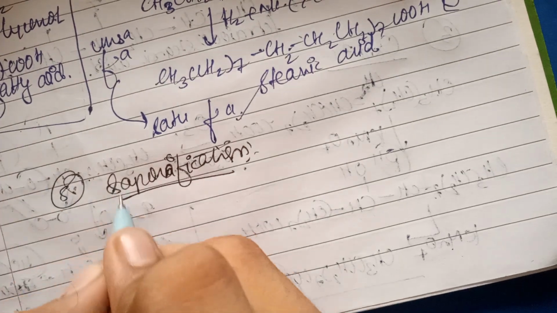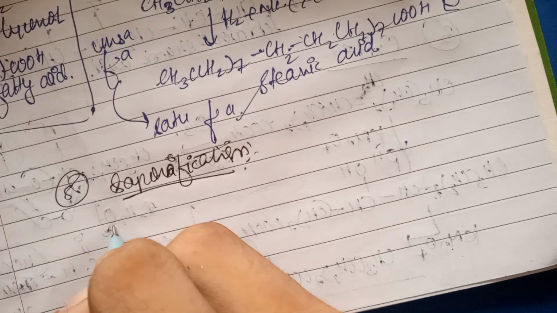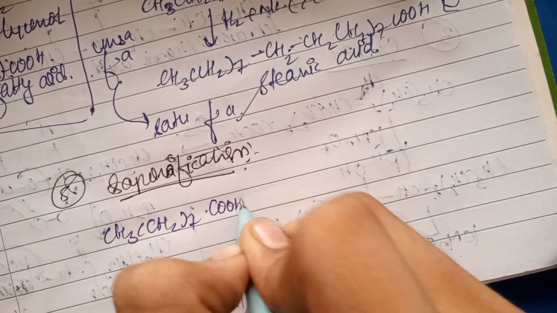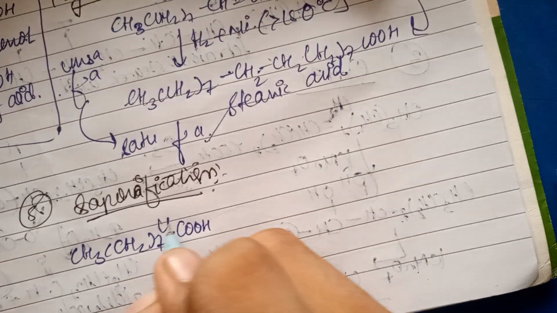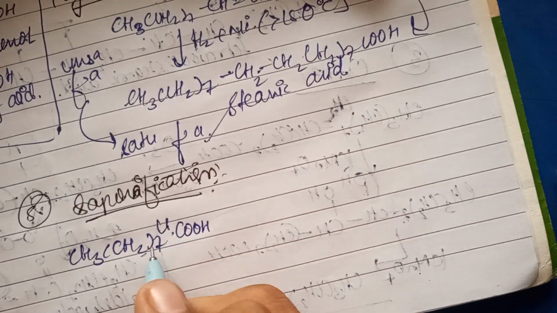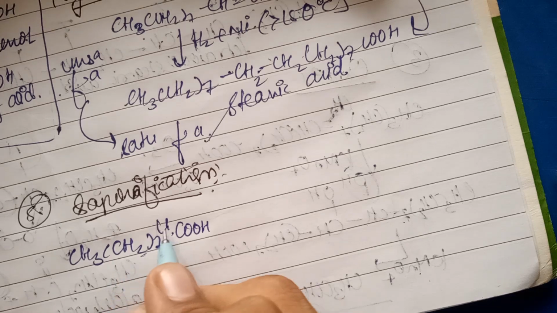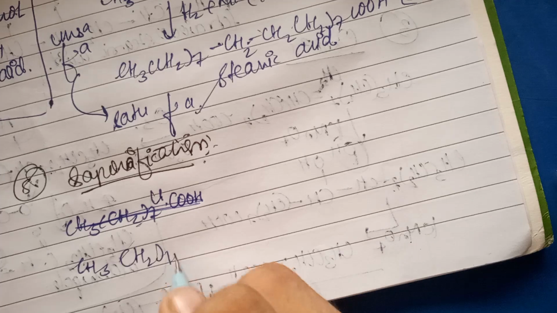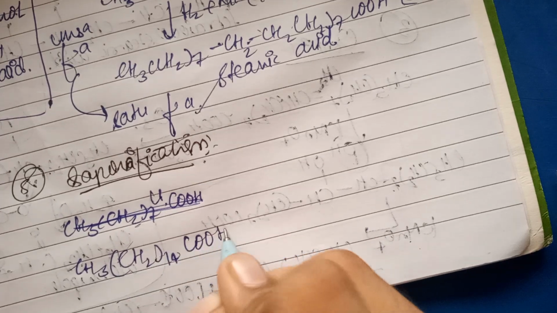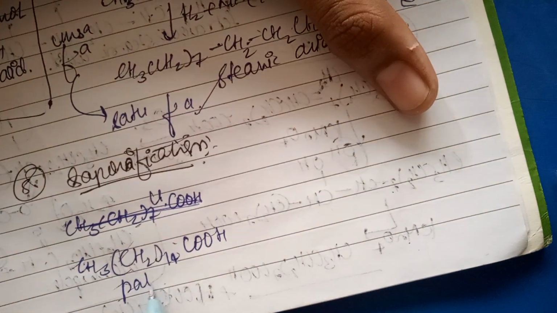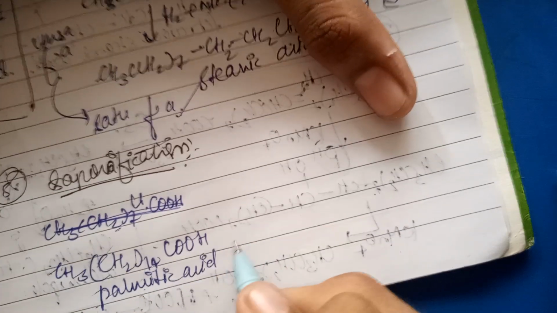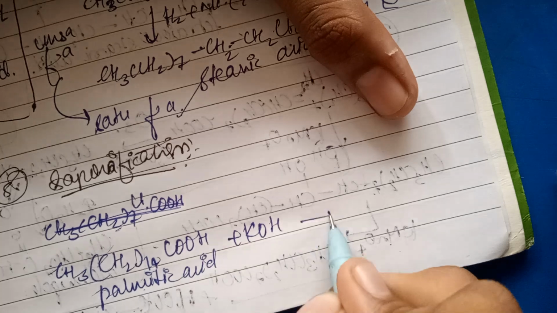Now let's see the soap formation. For example, we have CH3 (CH2)14 COOH, which is palmitic acid, and we react it with KOH.